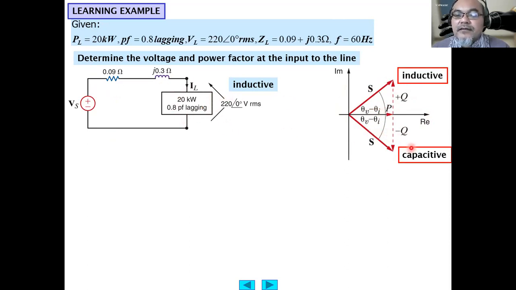When the circuit is capacitive, then we have negative reactive power minus Q, because then theta V will be lagging theta I, or theta V minus theta I will be a negative angle.